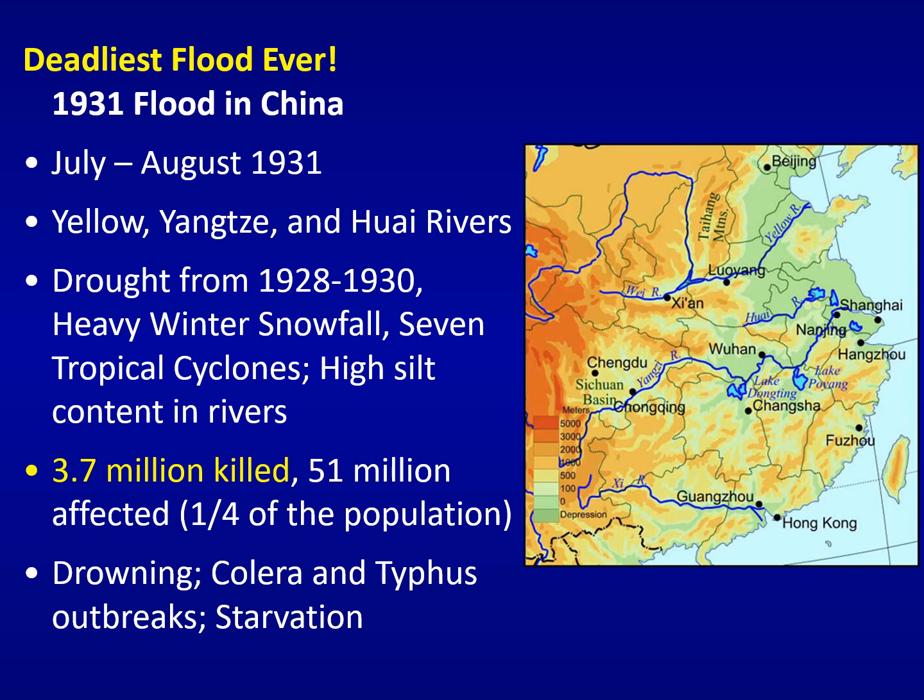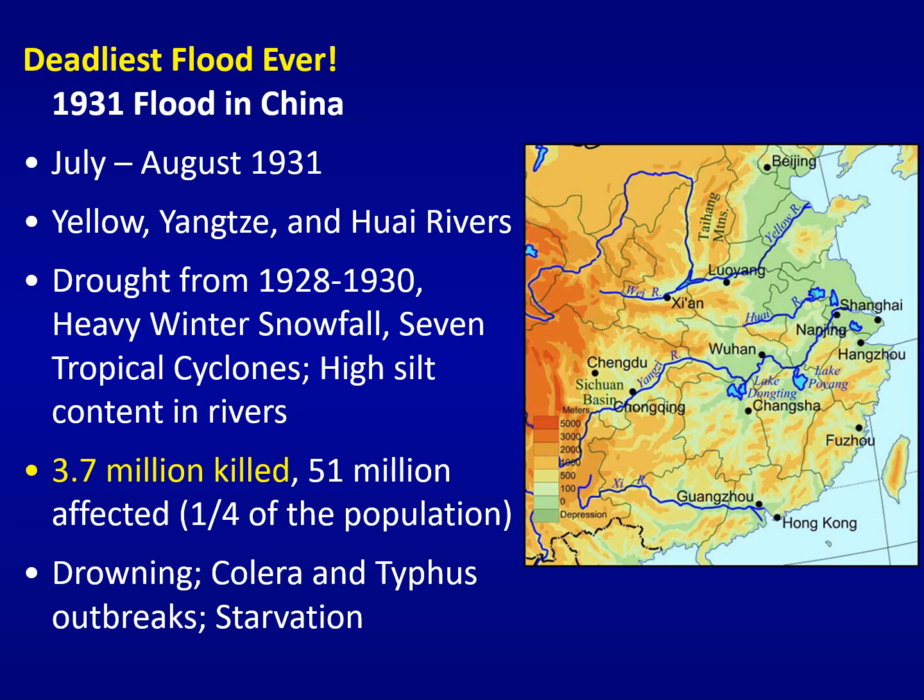The deadliest flood? China, 1931. From July through August of 1931, unusual amounts of rain, 7 tropical cyclones, and those were following heavy winter snowfalls. There was such high silt content in the river, so much water, that almost all the rivers in central China were overtopped. It wasn't just one river, it was like the entire region of central China.